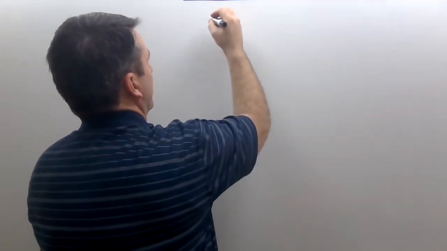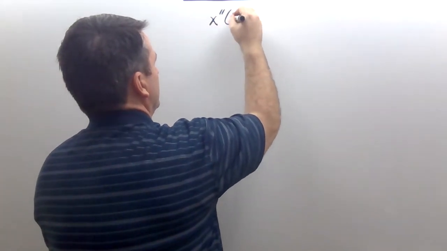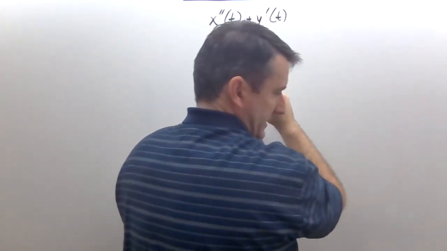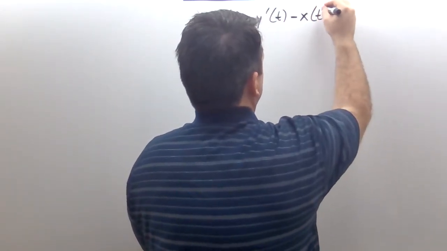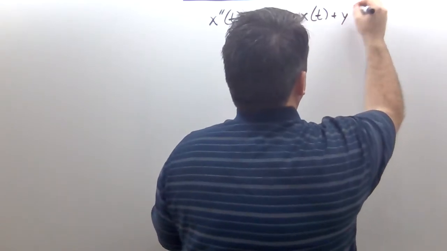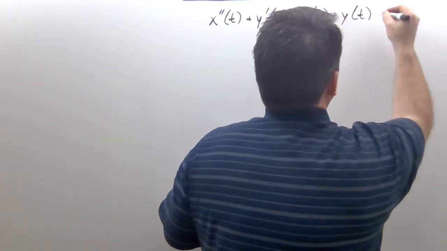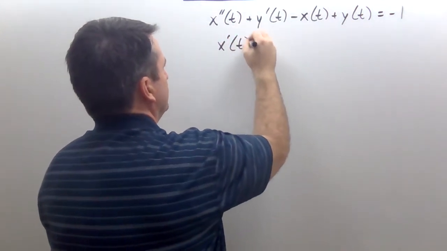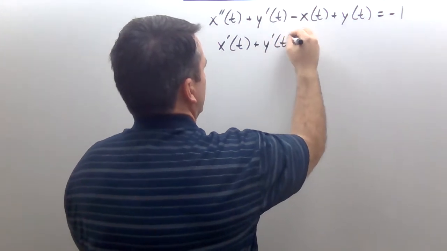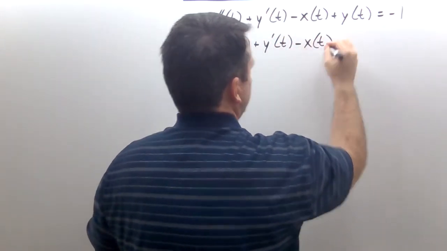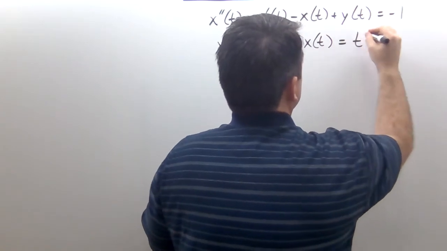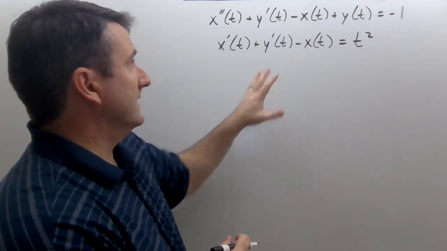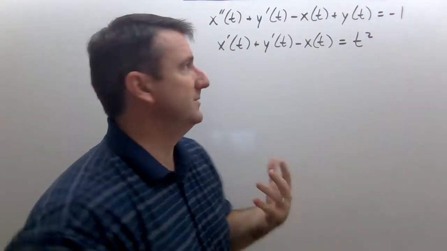So let's apply that now to our system of equations. So we've got x double prime of t plus y prime of t minus x of t plus y of t is equal to -1. And then we've got x prime of t plus y prime of t minus x of t is equal to t squared. So that's the system of equations that we're going to solve today. All right, let's first start off by putting this into operator form.